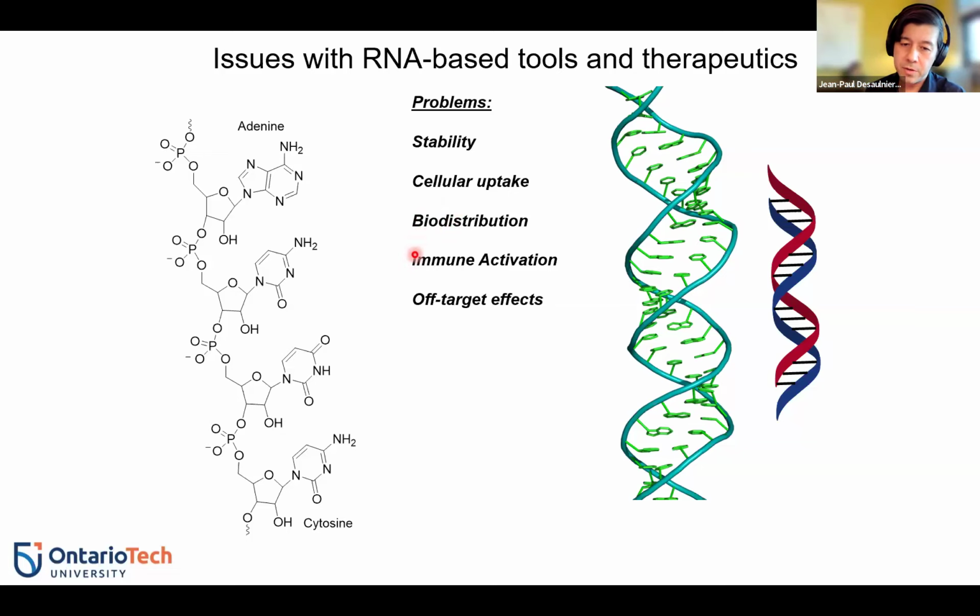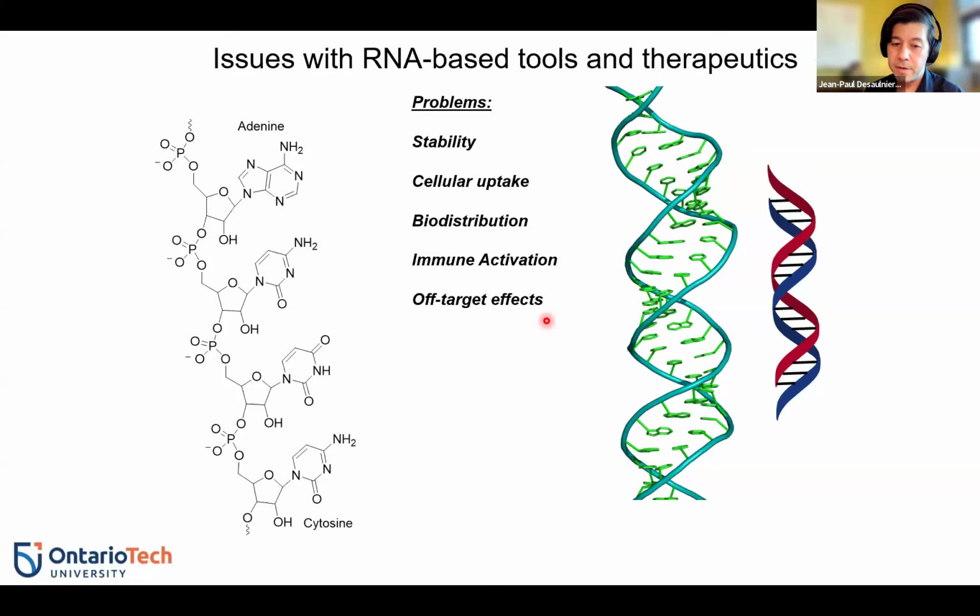Biodistribution and immune activation are also dominant issues in RNA-based tools and therapeutics. An issue that is also quite important is off-target effects. So with siRNAs, once that passenger strand is released, you're left with the guide strand, and the seed region has the potential to pair with other similar sequence targets. So this could silence similar sequences, resulting in off-target effects.